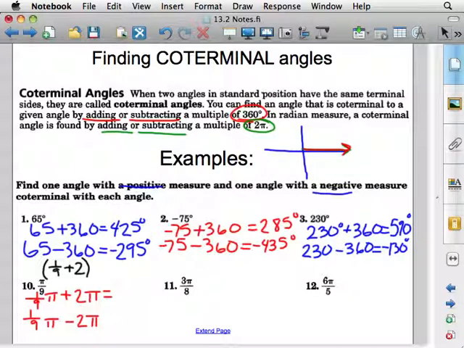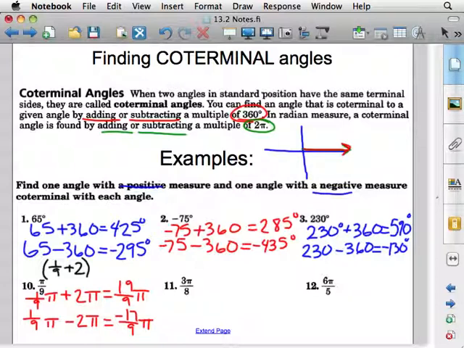Find out what that is as a fraction. We get 19 over 9 when we add. So we have 19 over 9 pi when we add 2 pi to get our positive, and when we take 1/9 and subtract 2, we get negative 17 over 9 pi for our negative.